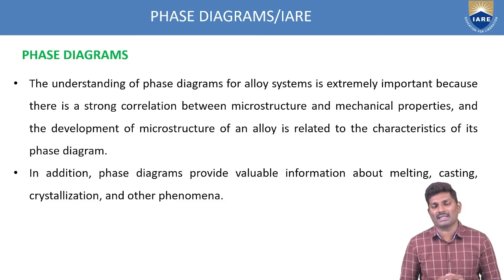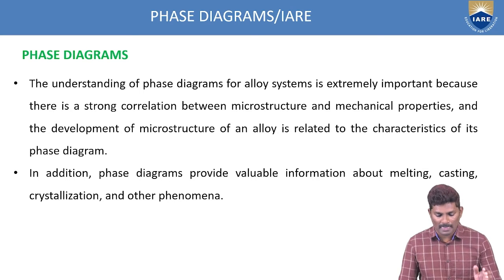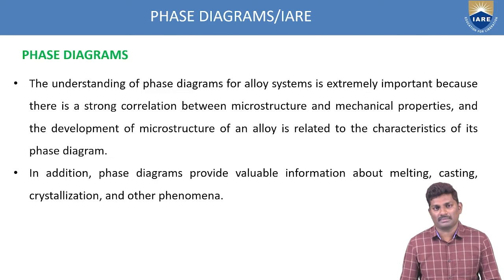And this microstructure can be seen with the help of a microscope. You can't see the structure of any metal with the naked eye, so with a microscope you can see the microstructure. The development of the microstructure of an alloy relates to the characteristics of the phase diagram. And you can also develop the microstructure. How?